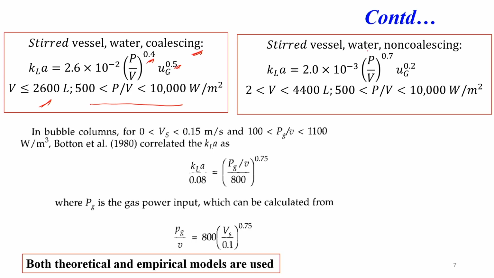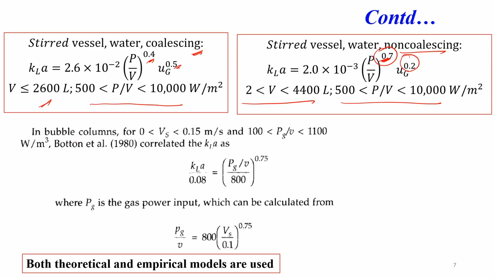Similarly, if it is a stirred vessel with water and it is not a coalescing system, then it is P upon V to the power 0.7 and superficial velocity to the power 0.2. So the values of alpha and beta are changing, and this correlation is valid for the volume in the range of 2 to 4.4 kiloliter, and the power requirement is the same.